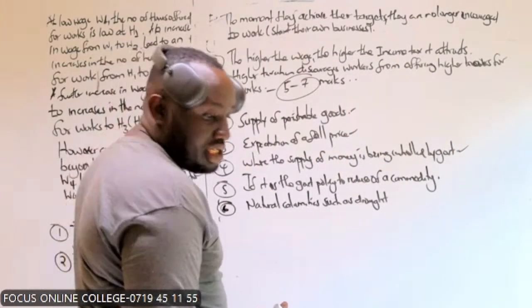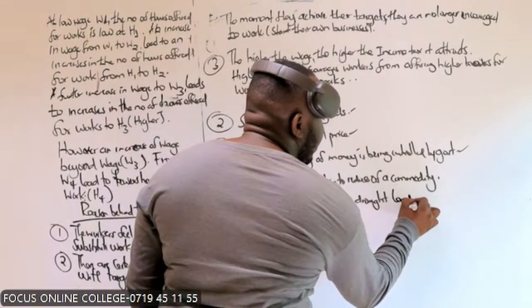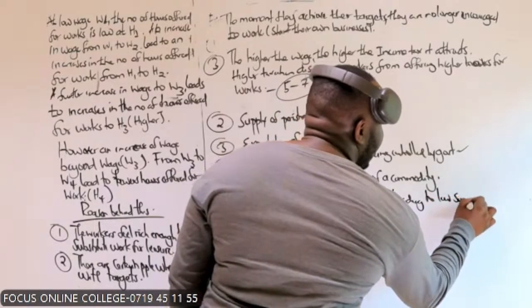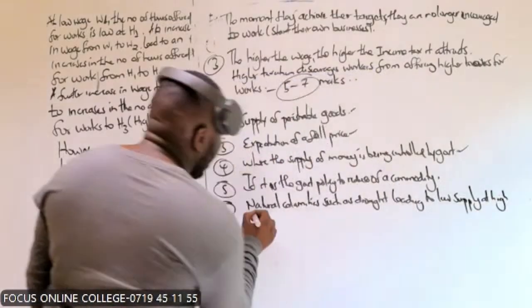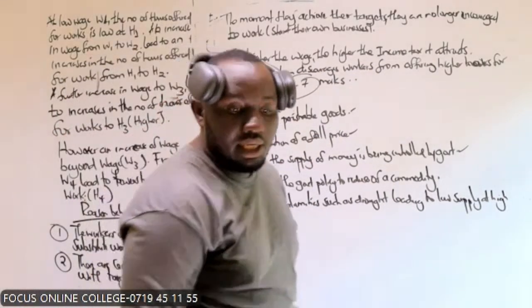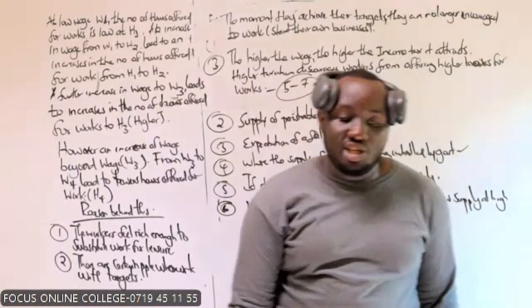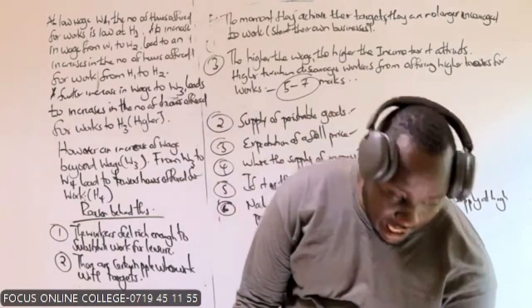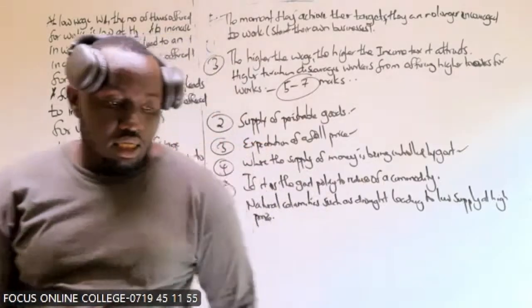Natural calamities such as drought lead to low supply at high price. If you're very keen, during calamities such as drought you find the supply is very low, but the prices are quite very high.